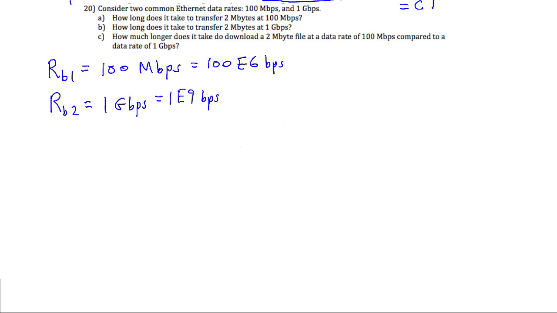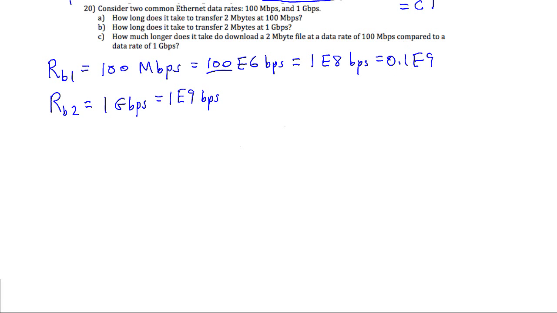Notice that I can take the 100 e to the 6th and write it as 1 e to the 8th bits per second. I can also write it as 0.1 times 10 to the 9th. If I get bigger on the exponent, I've got to get smaller by the same fraction on the number out front.